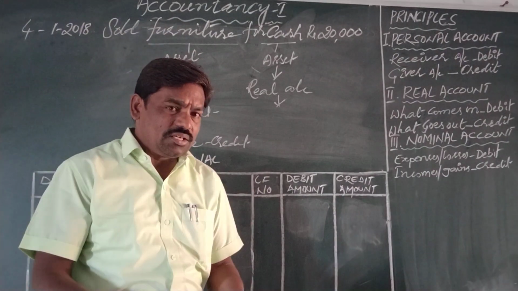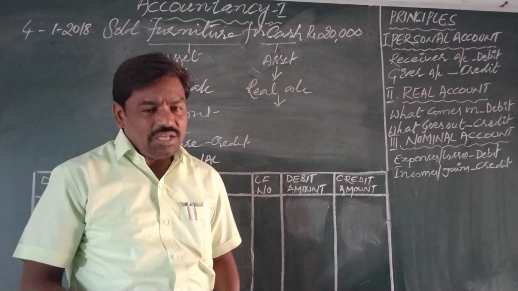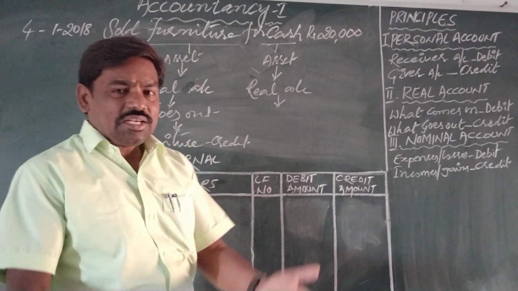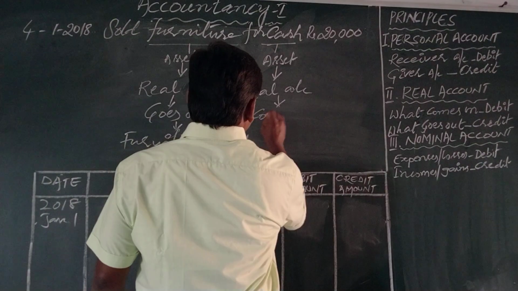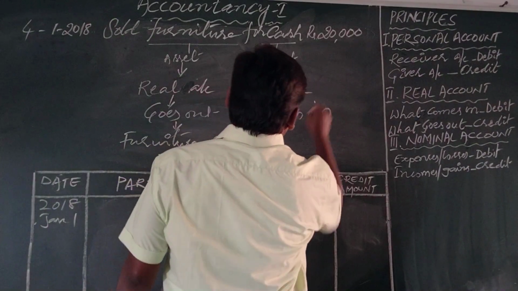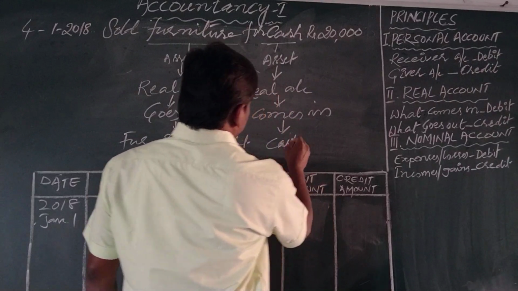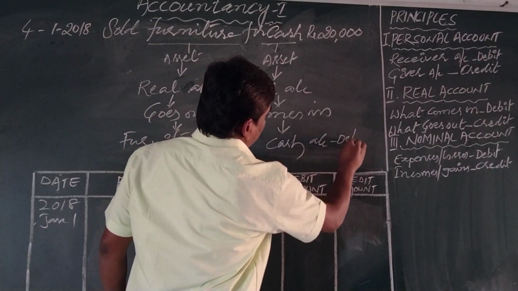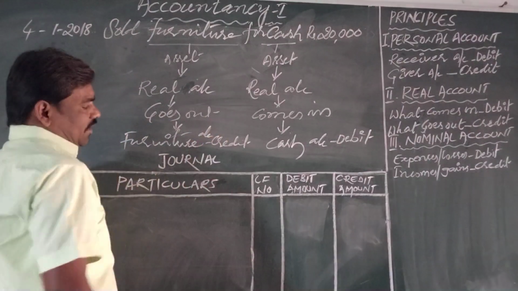When you sell the furniture, generally you will get cash. So cash is coming into the business. So as per real account principle, whatever comes into the business should be debited. Okay, cash account should be debited. Here furniture account credit.